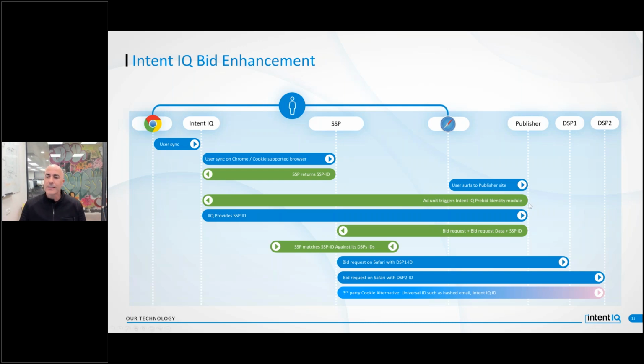What happens here is that IntentIQ is being involved here in that part of that cookieless inventory on that person, because an ad unit triggers the IntentIQ identity module that leads back to providing a previous Chrome ID of that SSP back to the publisher ad unit Prebid mechanism for that case, because we're focusing here on Prebid.